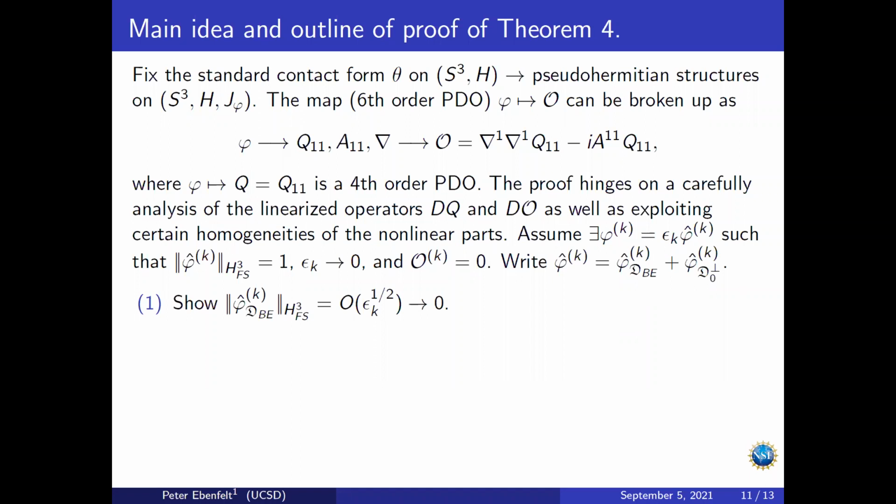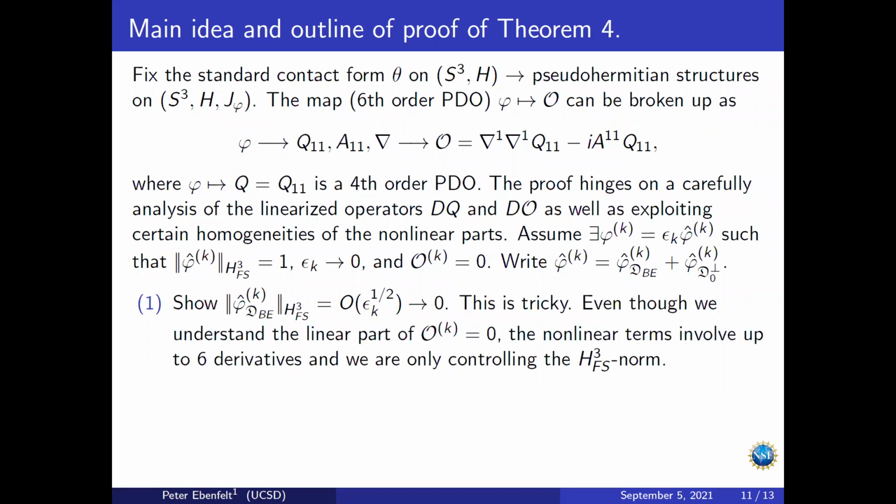Okay. So the first thing you show is that nevertheless, the projection on the non-embeddable region of the phi hat is actually on the order of epsilon k squared. So it goes to 0. Now, this is the most tricky part, I would say, because the differential equation, even the nonlinear terms, we understand the linear terms pretty well, but the nonlinear terms involve up to 6 derivatives.